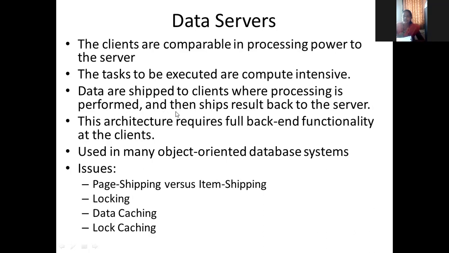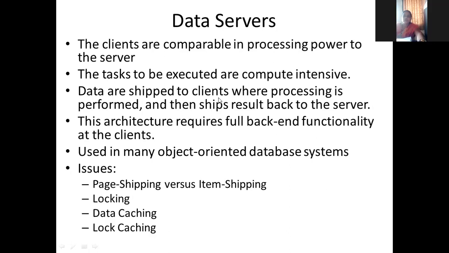See, in this case, the transaction is executed from the client side, because the client also has processing capability like a server. But when performing that transaction, the client requires data. The client needs data to perform the transaction, right? Then what happens? The client requests the data from the server, and the server can ship that data to the client side.